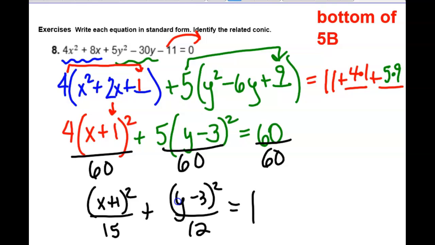But in terms of being able to get that one in the form, it worked out fine, and it is an ellipse, okay? Eventually, when we've learned all the different kinds, you're going to have to complete the square and at the end determine if it's a parabola, a circle, an ellipse, or a hyperbola. But that's not yet.